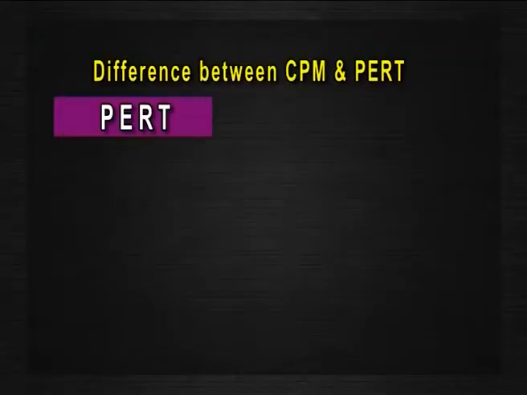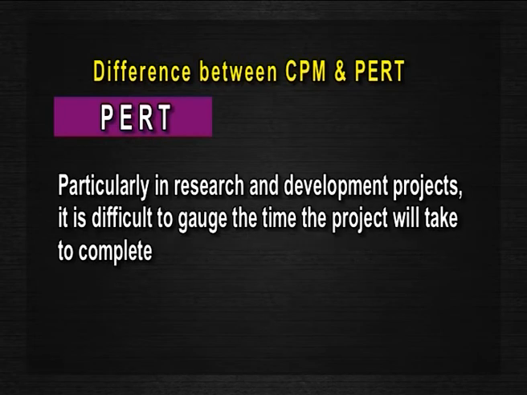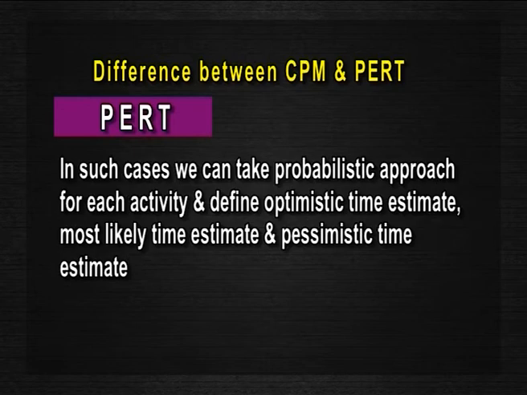Firstly, PERT. There is a high degree of uncertainty pertaining to the completion time of certain activities. Particularly in research and development projects, it is difficult to gauge the time the project will take to complete. In such cases, we can take a probabilistic approach for each activity and define an optimistic time estimate, most likely time estimate and pessimistic time estimate.